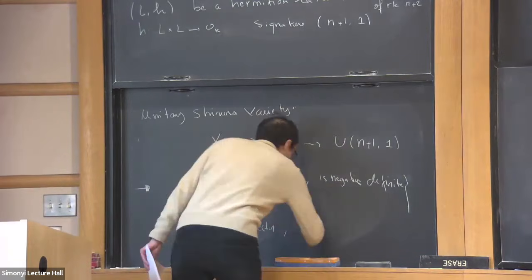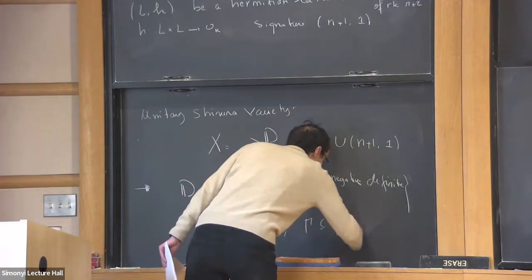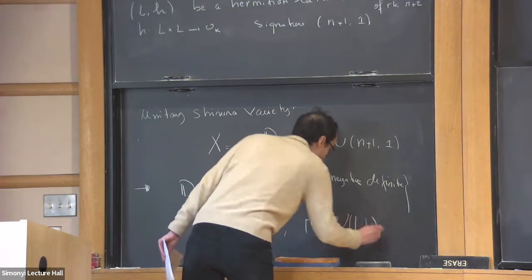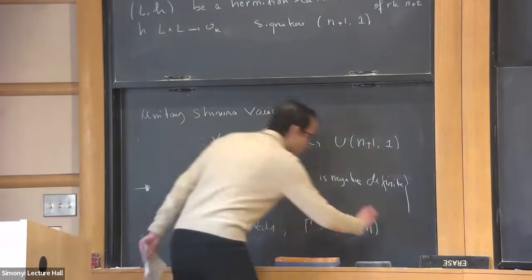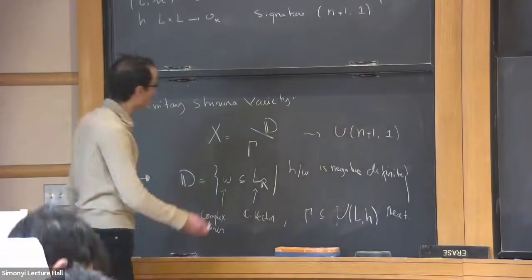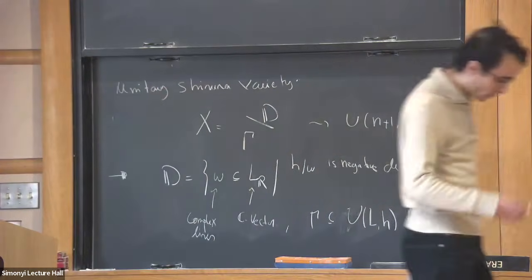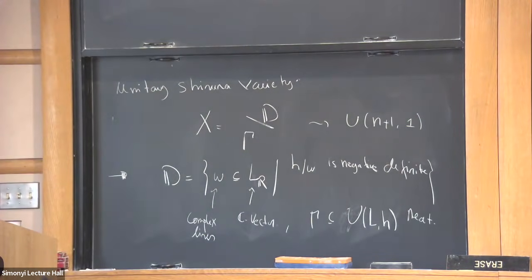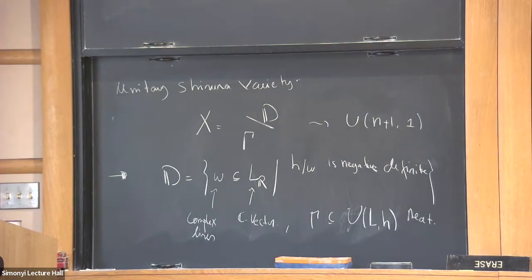Gamma is just some arithmetic subgroup inside the unitary group that preserves the lattice. For this talk, let me choose a neat arithmetic subgroup so that this quotient is a smooth quasi-projective variety that can be compactified by adding simply a finite number of points. That's the Baily-Borel compactification. Let me say a few words on that later.